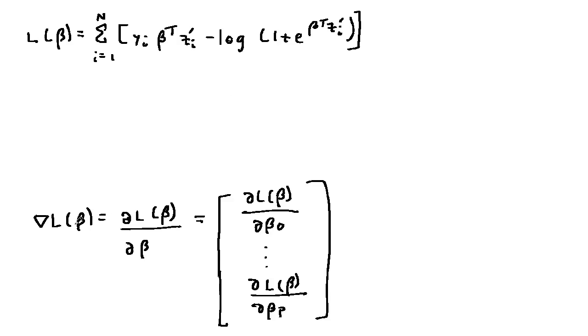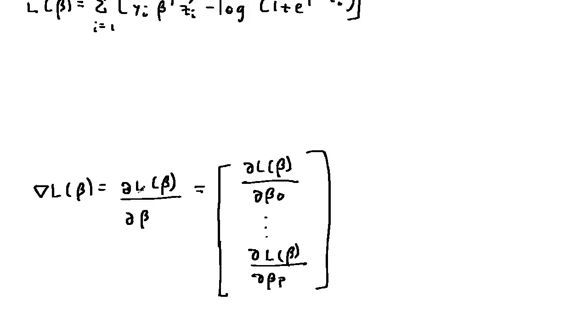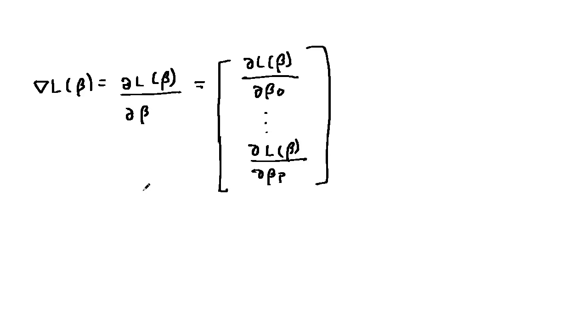So the gradient of L is given by the vector of partial derivatives of L. We also denote the gradient by this. Okay, so we need to know what the partial derivatives of L are.